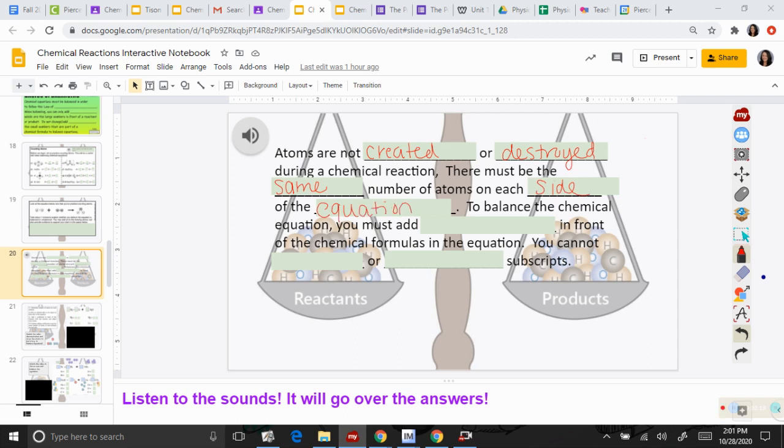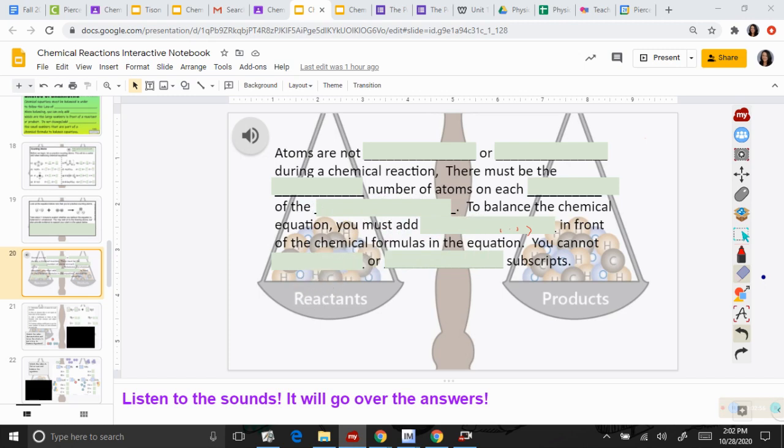To balance the chemical equation, you must add coefficients in front of the chemical formulas in the equation. You cannot add or take away the subscripts. Okay? Cannot add or take away the subscripts. Erase all this, and we're going to go to the next slide.